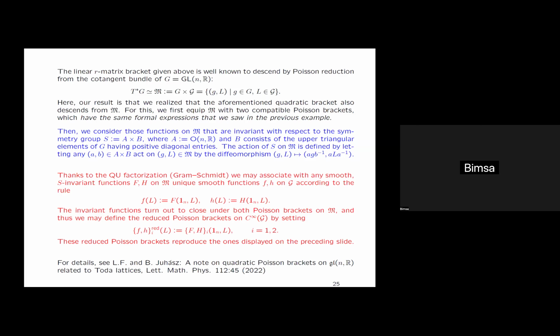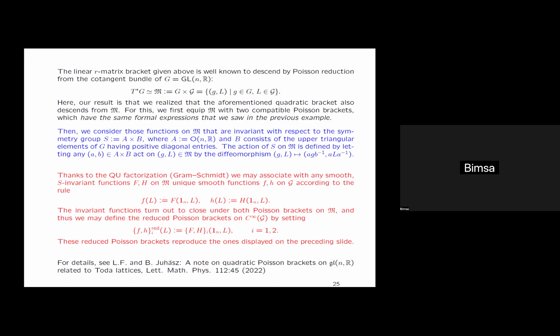And both of these have the property that now I take this. Now I'm going to do Poisson reduction by another group which I call S. So the other group is just what appeared in the splitting into the classical r-matrix. So A is the orthogonal group and B is the Borel subgroup. So it is just upper triangular matrices with positive diagonal entries. Real matrices now.